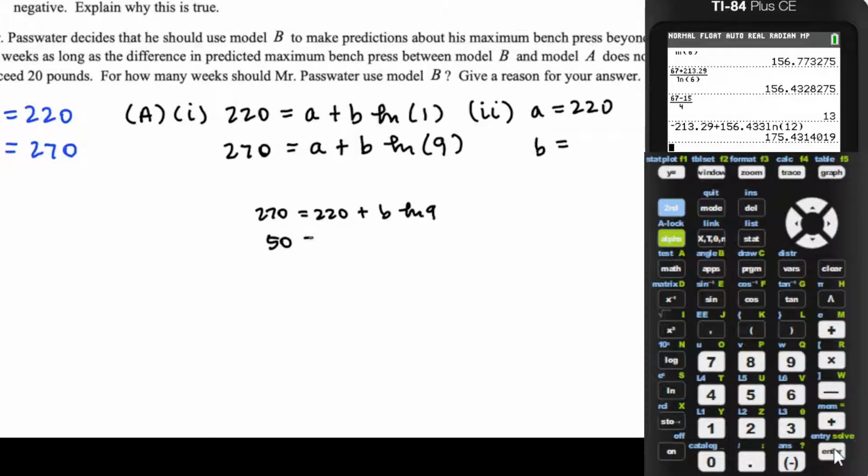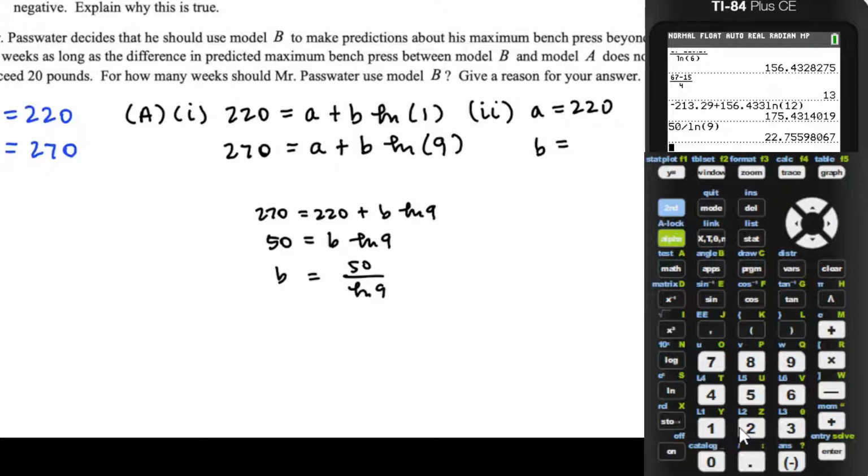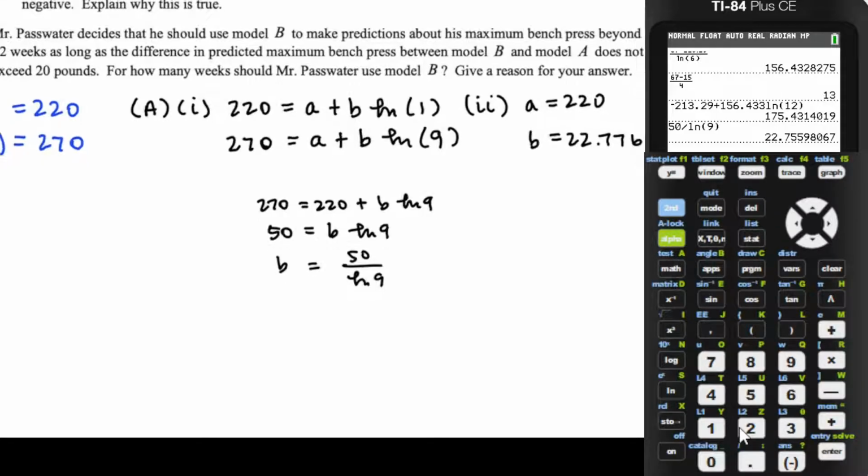If I subtract 220 from both sides, 50 equals b times the natural log of 9, so b equals 50 divided by the natural log of 9, which is 22.756.